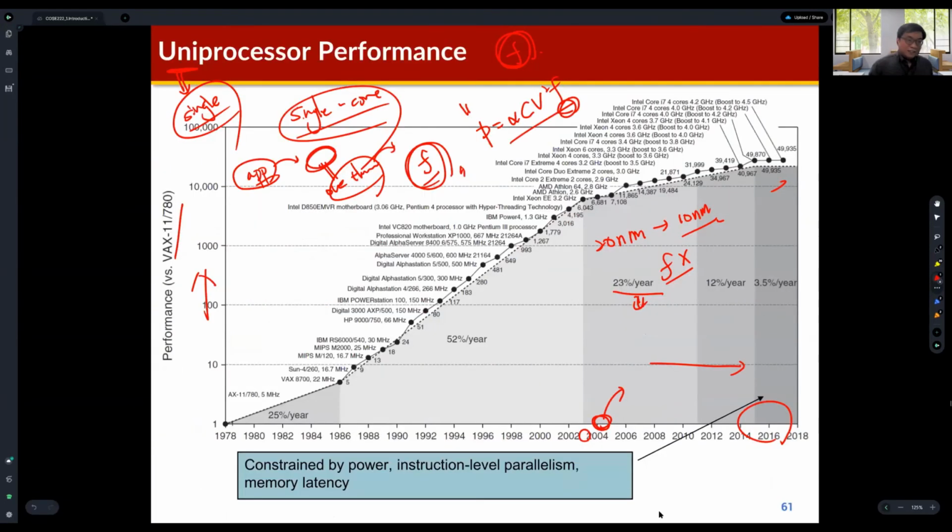The problem is that even though a better technology node is applied, we cannot increase the clock frequency because of power consumption. Then, how can we get better CPUs? That's the problem.